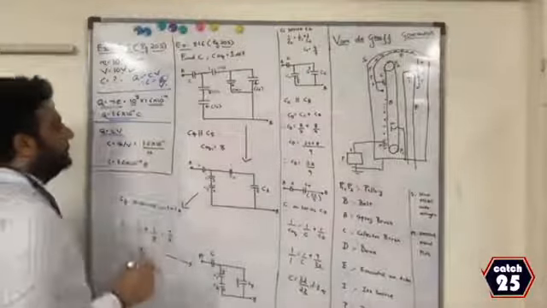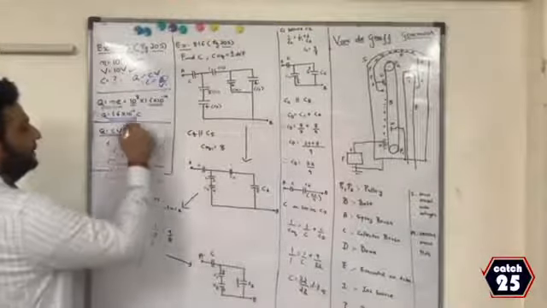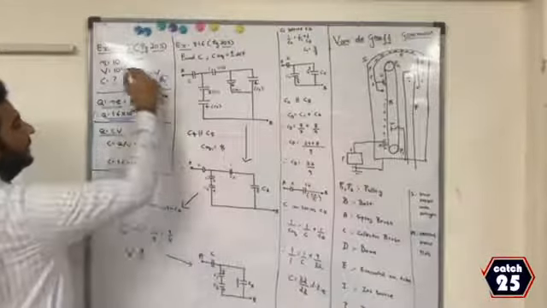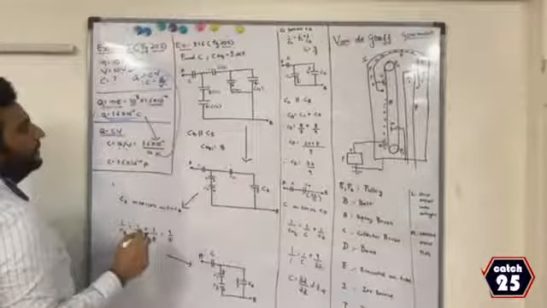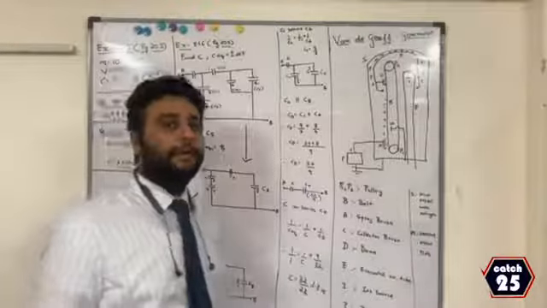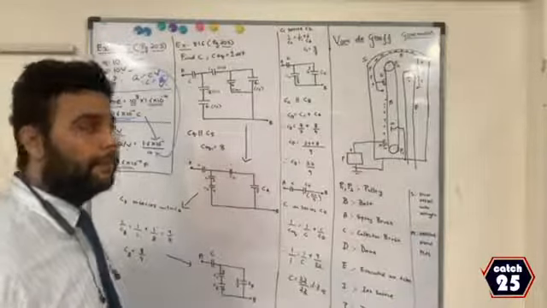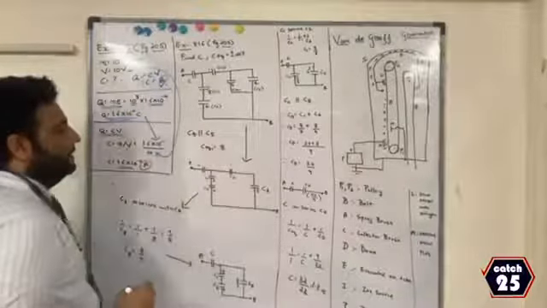C is equal to Q by V. Charge I got from here, V I got from the question. If I simplify, I'll get the capacitance as 1.6 into 10 power minus 10 farad. This completes the problem. Remember, the unit of capacitance is farad.